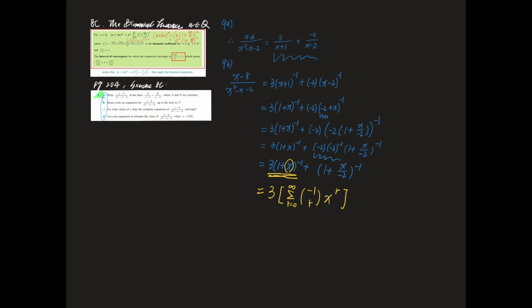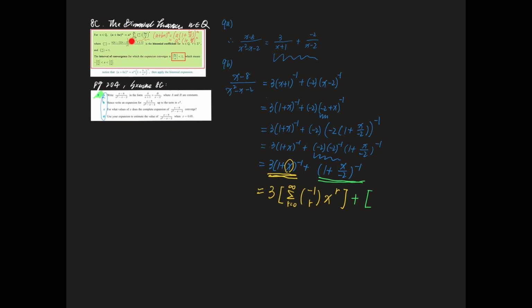And then the second part, let me change to green color. So the second section, this part will become what? By using the formula, for the first section, a to the power n, a is just 1, right?